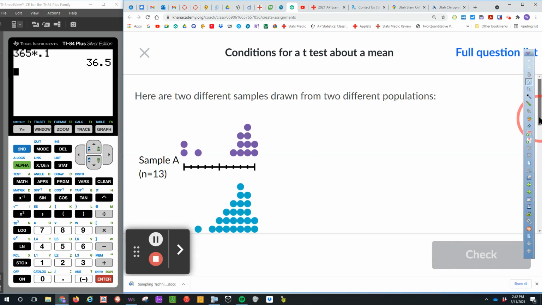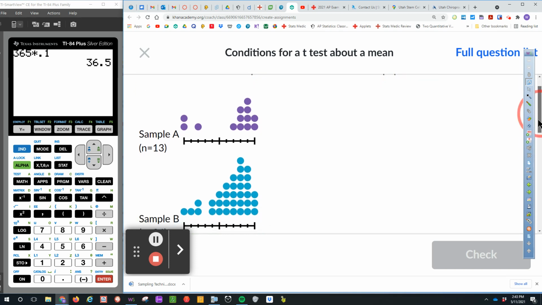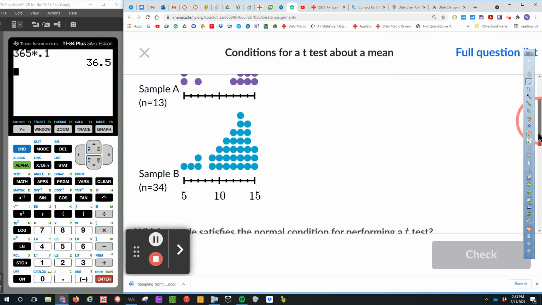So check this out. Here are two different samples drawn from two different populations. Sample A: n is 13, which is less than 30, and yet there are outliers. So this is not symmetric, it has outliers, so you cannot use that.